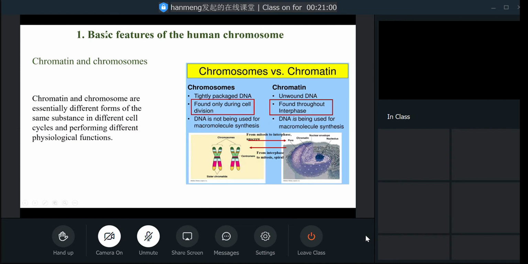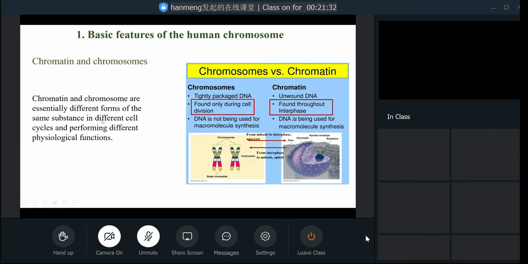Then first we will see the basic features of the human chromosome. Actually, the chromosome can be divided into chromatin and chromosomes during different times of a cell cycle. So chromatin and chromosomes are essentially different forms of the same substance.